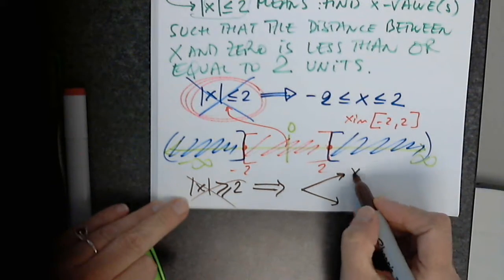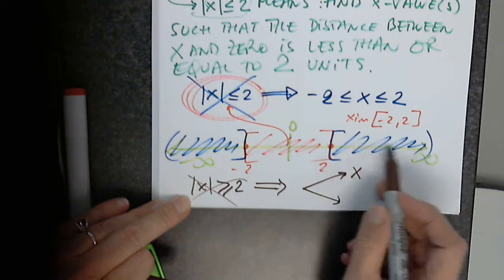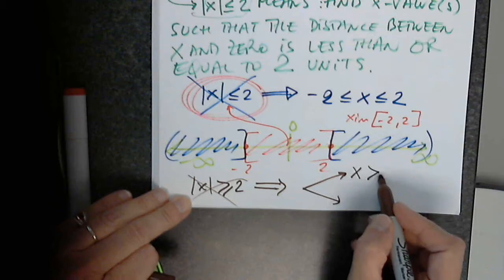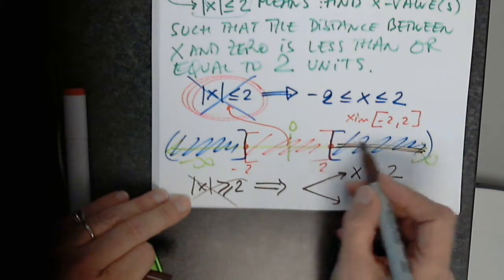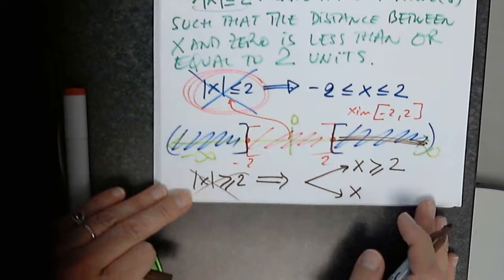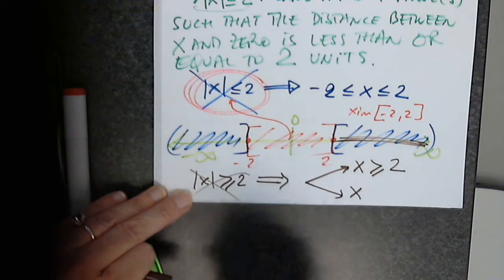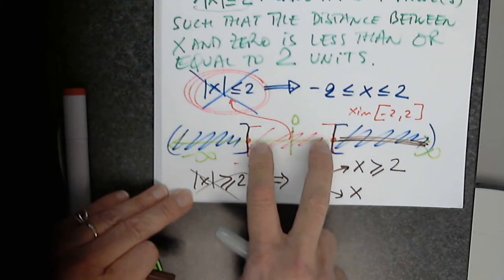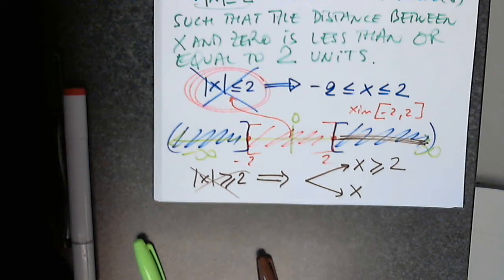So what is the first one? Very good. X greater than or equal to 2. It's this territory. Very good. Okay. And how do I express the other one? If it's greater than or equal to, you are including this territory, and I cannot do that. You cannot touch this. This is already taken. So that's why I showed this, not this.